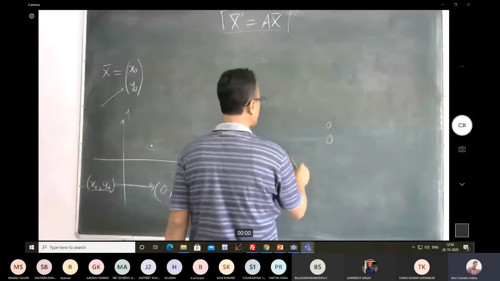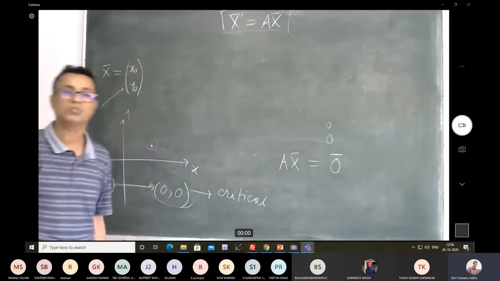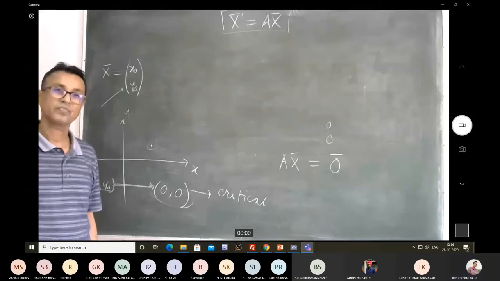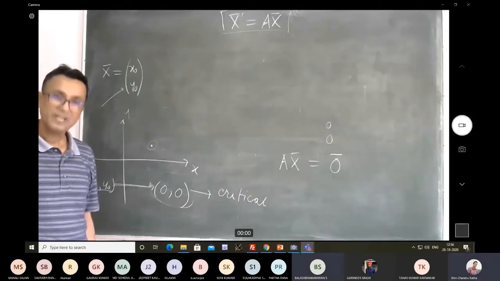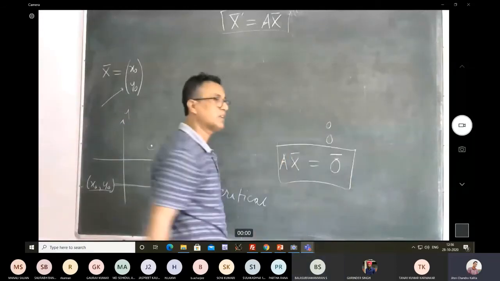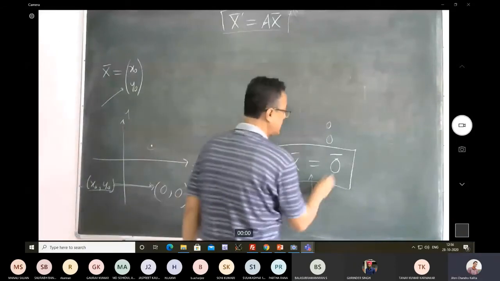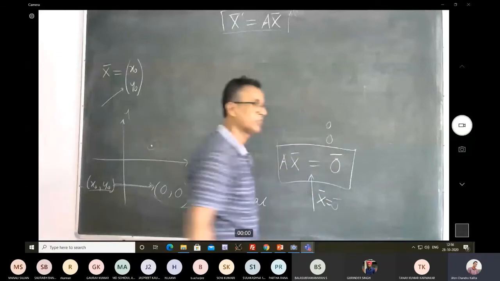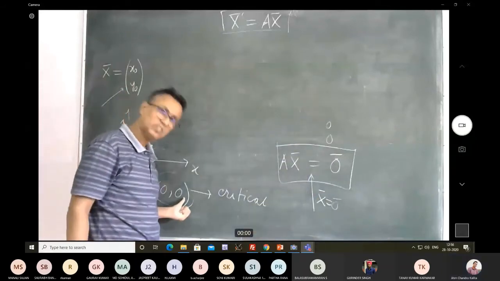To find a critical point, we simply set the right-hand side equal to 0. So I have to set this equal to 0, and I want the 0 solution to be the only solution, because I am seeking (0, 0) as my critical point.